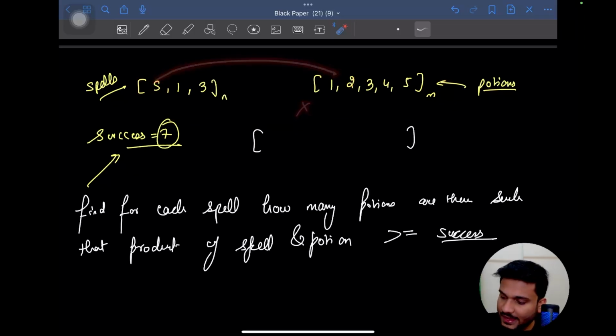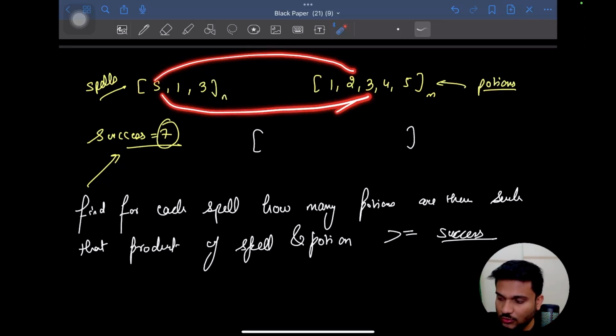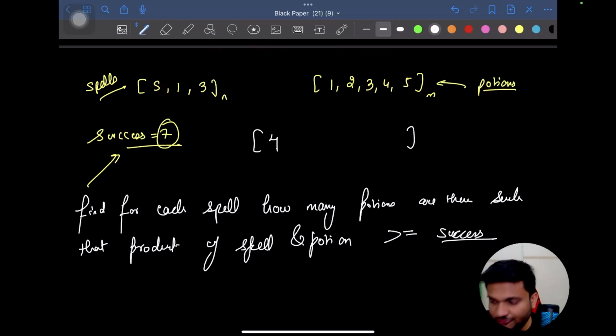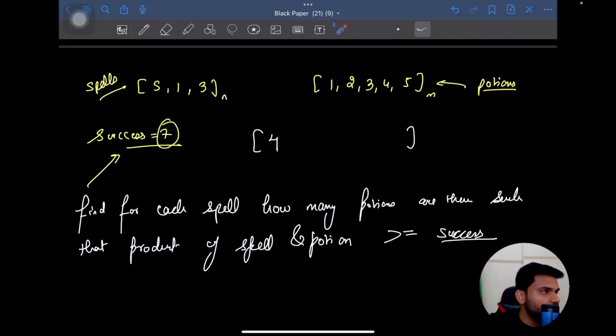No. Is 5 into 2? Yes. 5 into 3? Yes. 5 into 4? Yes. 5 into 5? Yes. So you can see for 5, there were 4 potions that eventually give you the product greater than or equal to 7.